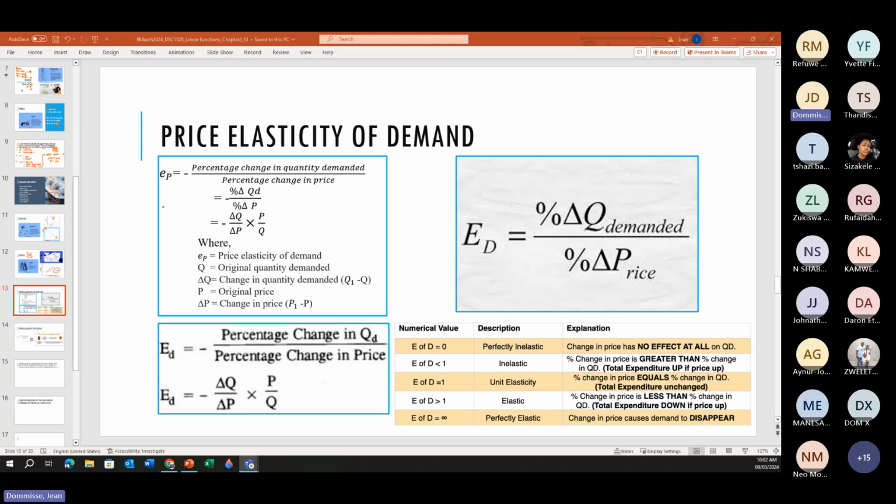Price elasticities, again, there are a few formulas that we can use. So depending on what information they give us, it is important then to nearly see which one is the easiest to use. You would see that all of these are actually the same if I now look at it.